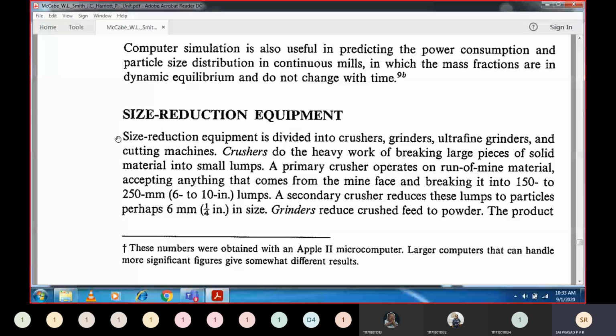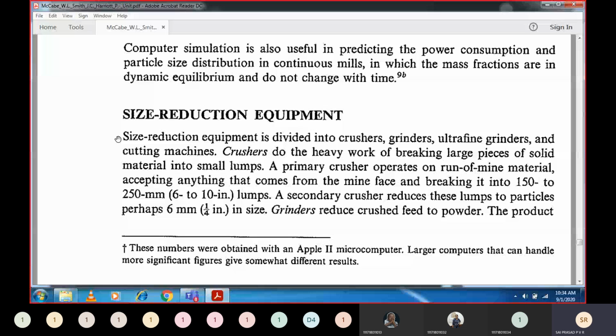Afterwards, again we are supposed to reduce their sizes as the process demands or as the consumer demands. We try to use different types of equipment, but whatever the equipments are, they are broadly classified as crushers, grinders, ultrafine grinders, and cutting machines.